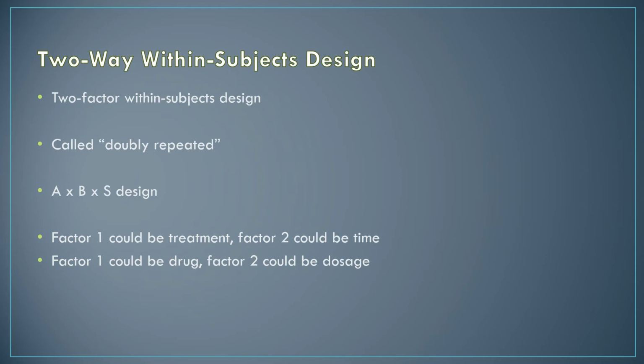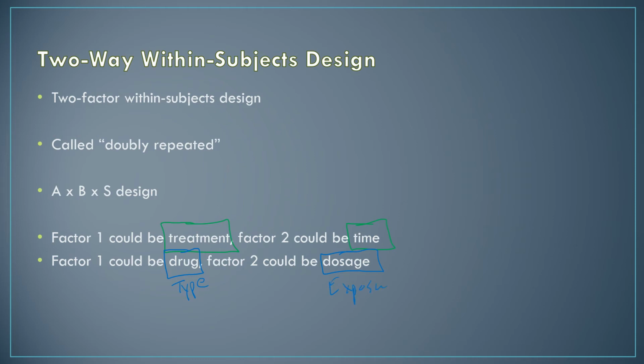And so some of the examples that you could have for a two-way within subjects is you could have a treatment level, so multiple treatments with time. So you could have your two factors be time and treatment. And you could also have, for example, drug type and dosage, which would also be like exposure level.